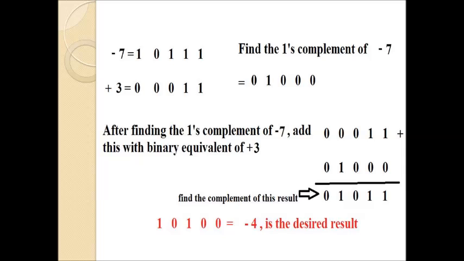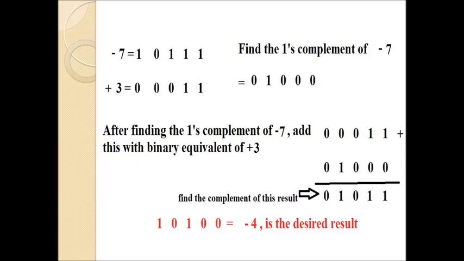We are using the sign magnitude representation for both. In sign magnitude form, the leftmost digit is assigned for the sign. In the case of -7, the leftmost 1 stands for the sign negative.